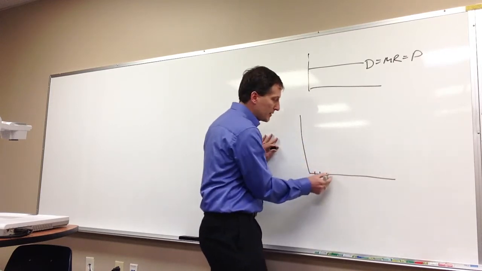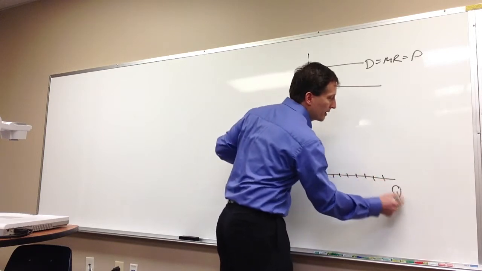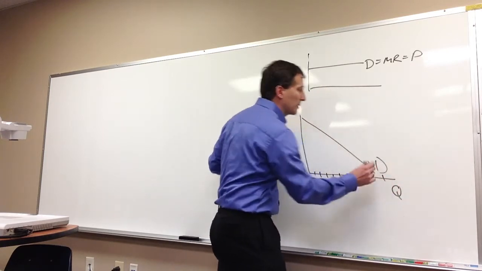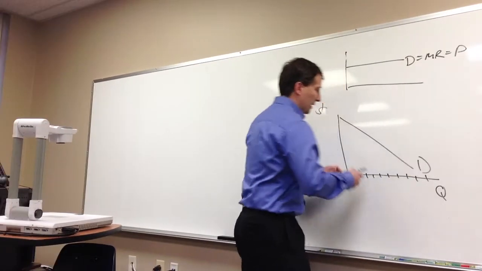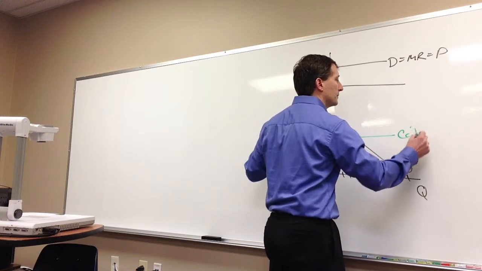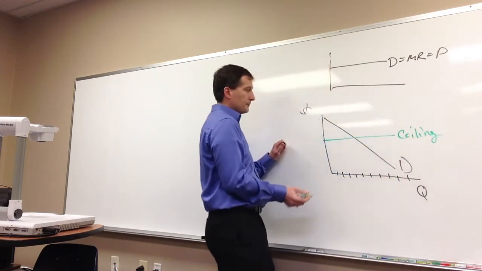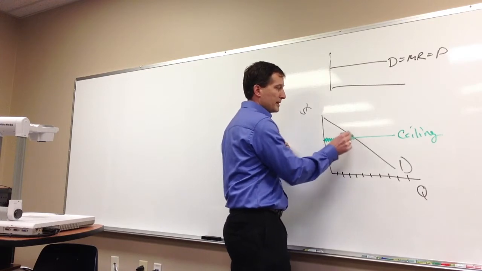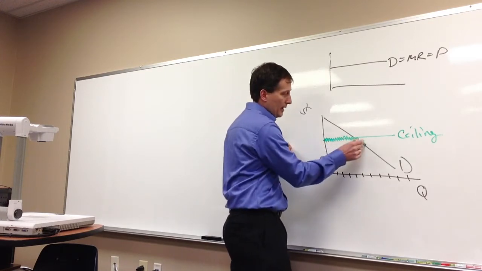Remember, this is your choice variable here along the horizontal axis, so that's the one you want to be sensitive to. So if the demand curve looks like this, capped or with a price ceiling in place, then you have no choice by law but to keep it like that.